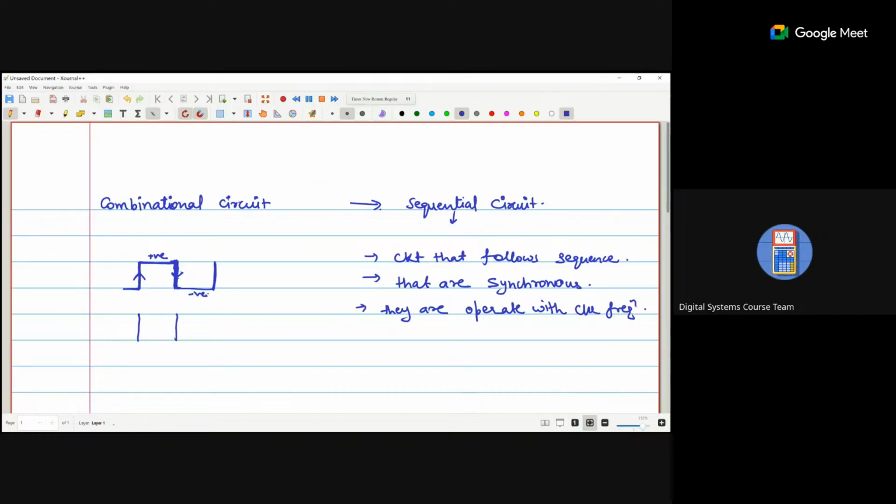The sequential circuits that vary with the edge, we call them flip flops. That means where the synchronization is better.